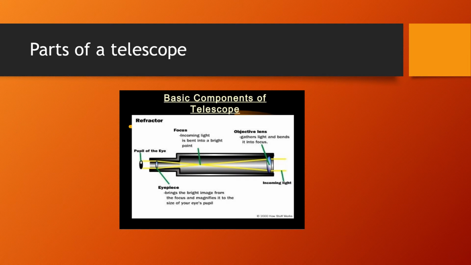What is the role of the objective lens? The incoming light will be gathered or collected at the objective lens and it bends it into the focus. In the focus, the incoming light is bent into a bright point and the eyepiece brings the bright image from the focus and magnifies it to the size of your eye's pupil.